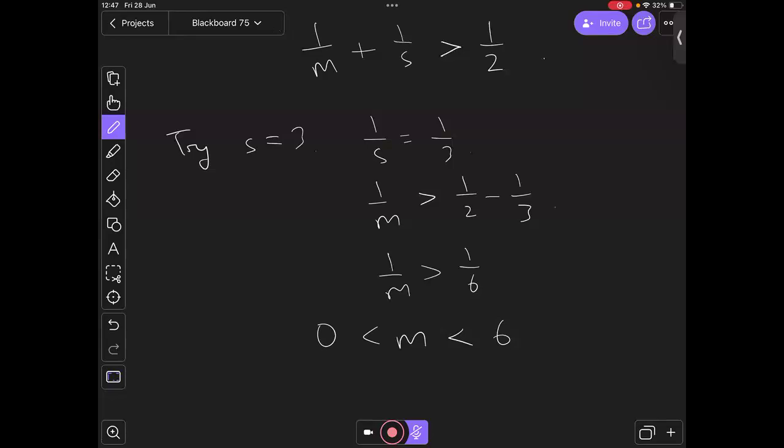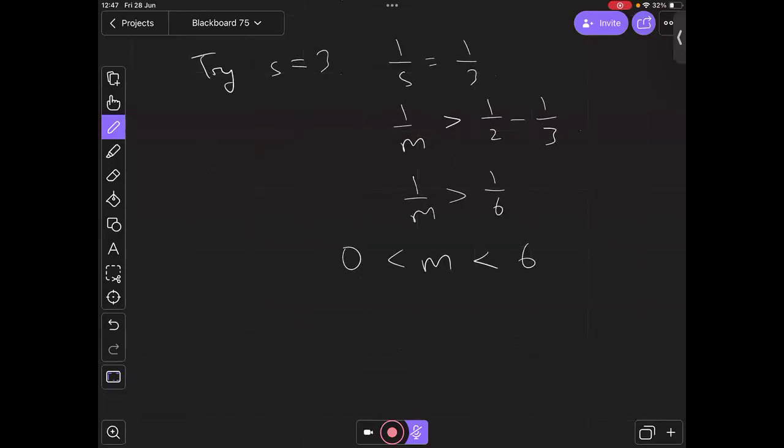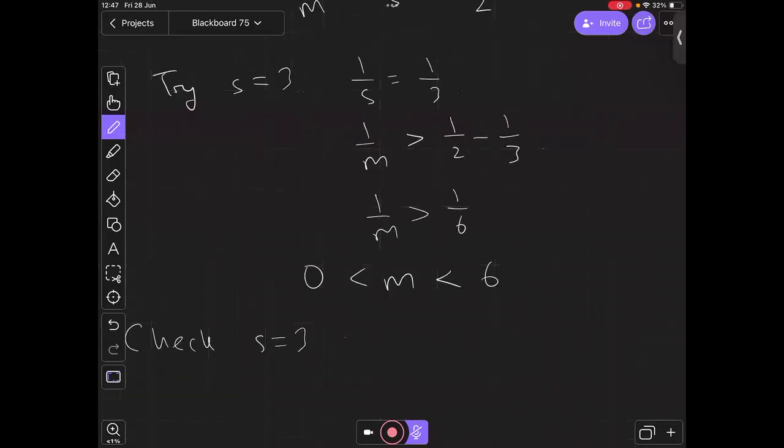And you try those possibilities out. So you work your way down and you check the possibilities. S equals 3, and you can try, for example, M equals 3. So that means you've got 1 over 3 plus 1 over 3 bigger than 1/2.